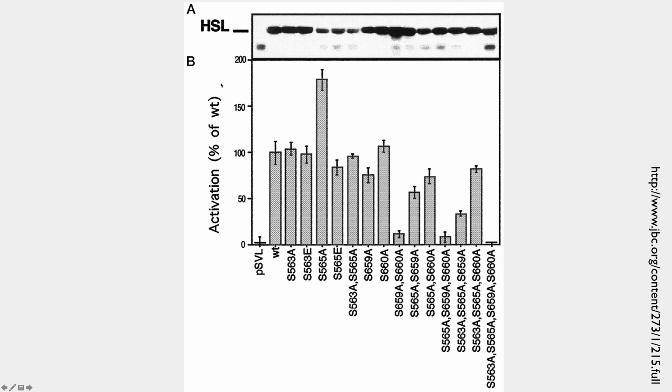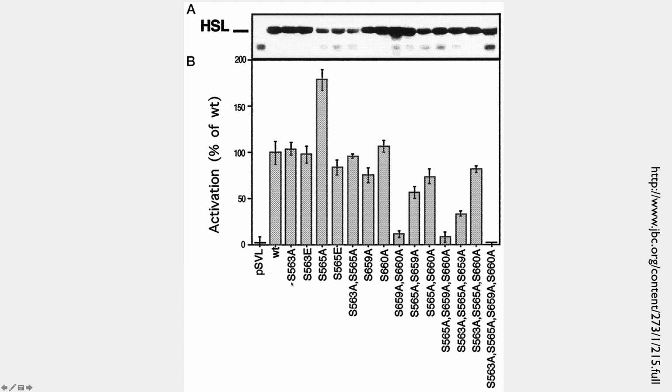What you're seeing here on the y-axis is the activity of the enzyme. You can see here that the wild-type enzyme has 100% activity. What's illustrated here are modifications of different serines, denoted here as S, to an alanine. The change of the serine to an alanine eliminates a phosphorylation site, and the authors of this paper are asking the question, how does the removal of this phosphorylation site impact the activity of the enzyme?